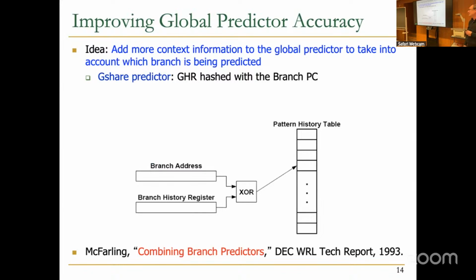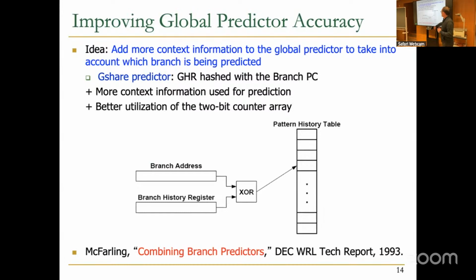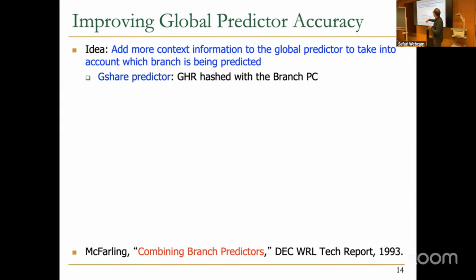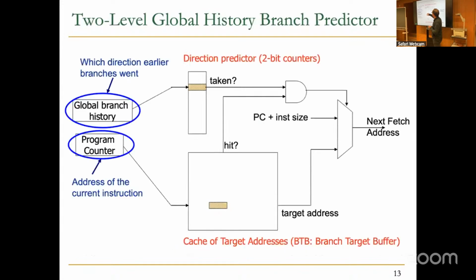And this actually immediately provides an improvement in accuracy for multiple reasons. First of all, now you have more context information. You don't just rely on the global history register. You also take into account the branch address. So more information gives you better prediction accuracy. But there's also another benefit, which is better utilization of the 2-bit counter array. If you just use the global history register, as we did over here, you don't utilize it as much.